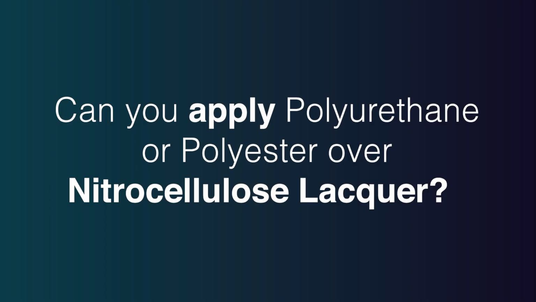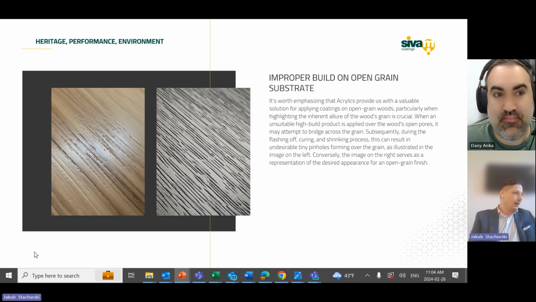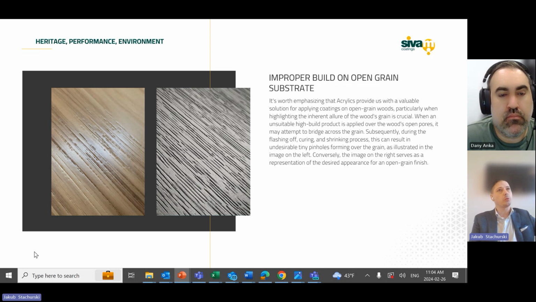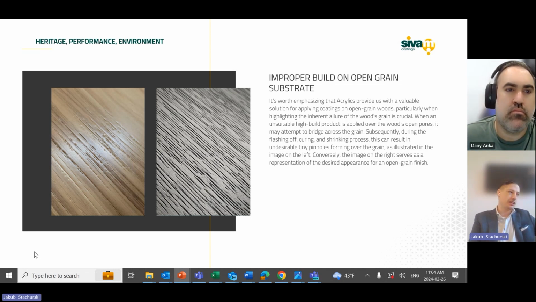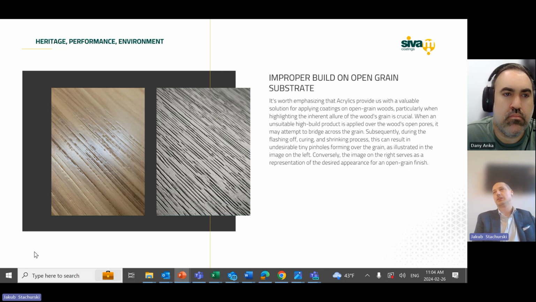Thank you very much. Can you apply polyurethane or polyester over nitrocellulose lacquer? So I actually did some thinking on this. I've known of cases and situations where people would spray various products over nitrocellulose lacquer, kind of treating nitrocellulose lacquer as that sort of, I don't want to say neutral, but that's the only word that comes to mind, type of coating.